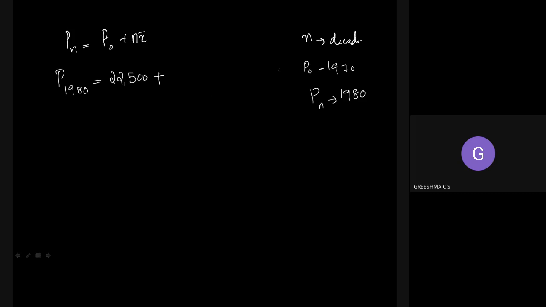Year 1970 is the last population we know, and we have to find out the population for the year 1980. So we have a 10 year gap over here.